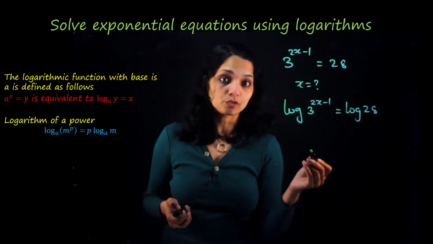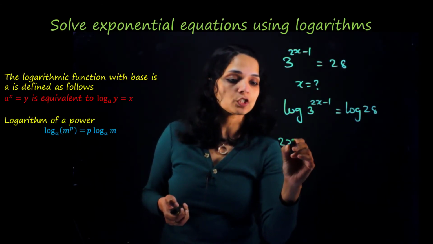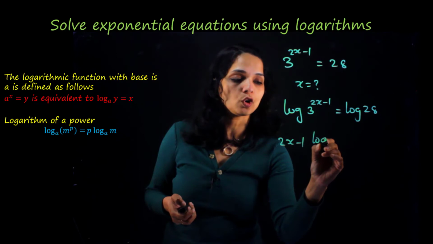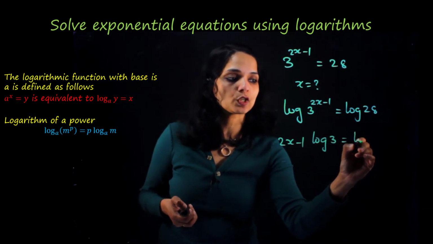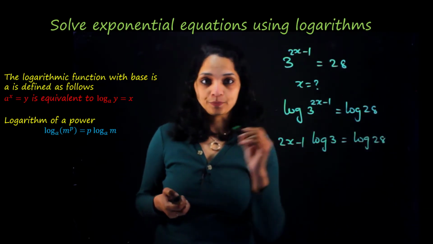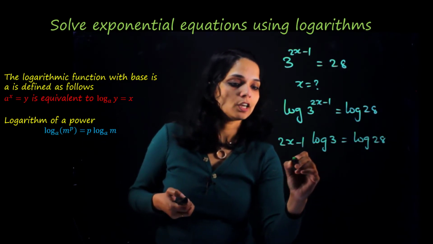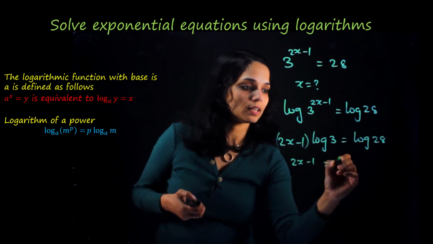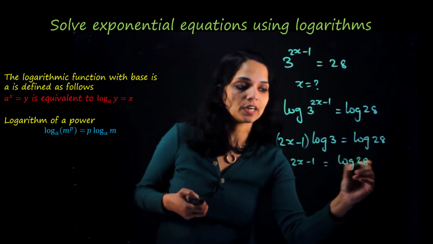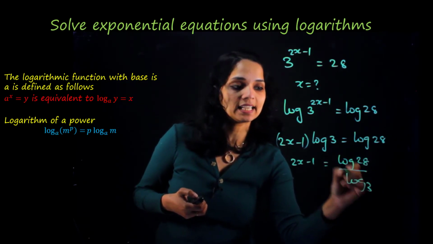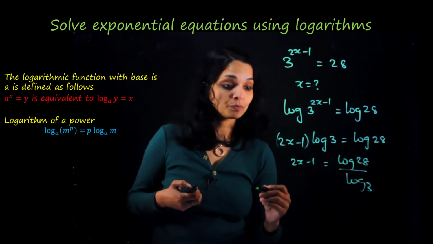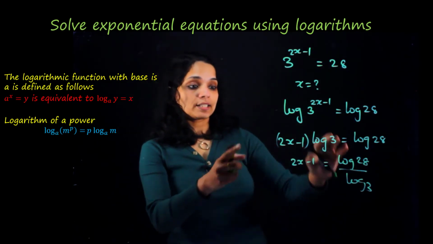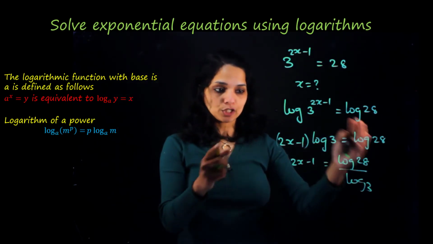Then using the power rule, we're going to write this as (2x minus 1) log 3 equals log 28. And then 2x minus 1 equals log 28 divided by log 3, by taking this log 3 to the other side.